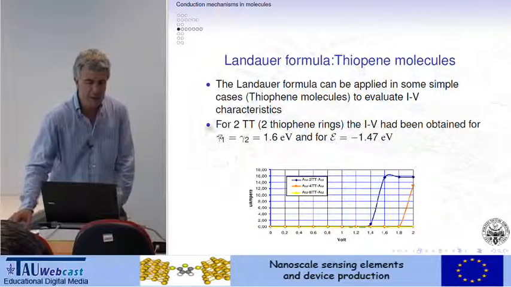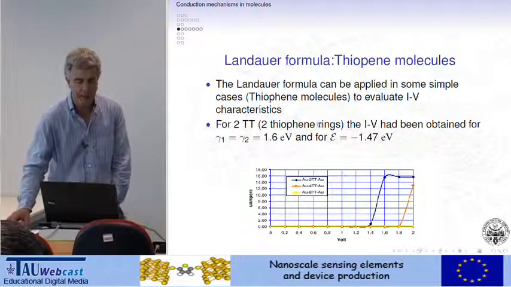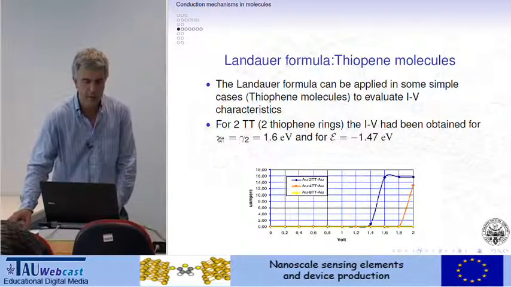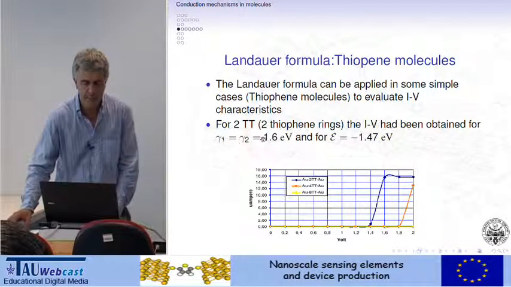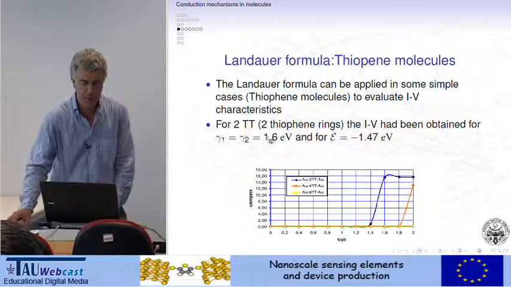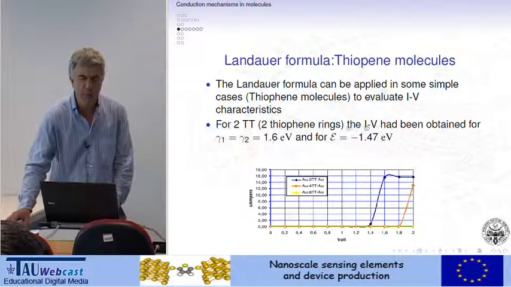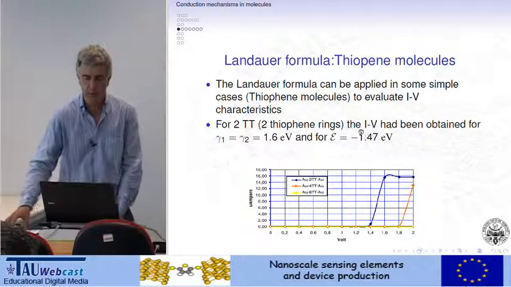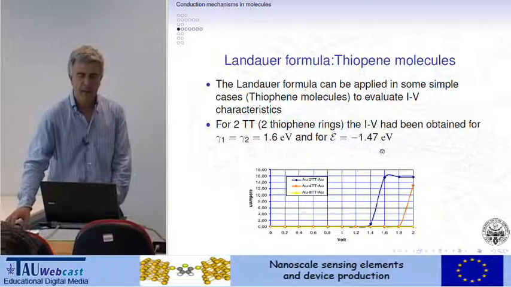We optimized a parameter for T of n, but this is not relevant now. Now we have two values for gamma 1 and gamma 2 equal to 1.6 electron volt. And we fix the molecular level at minus 1.47. That means that the level of the molecule is 1.5 electron volt below the Fermi level of the left electrode.